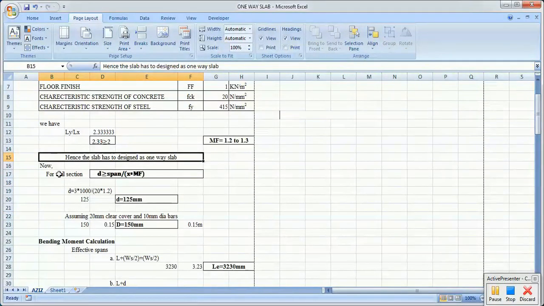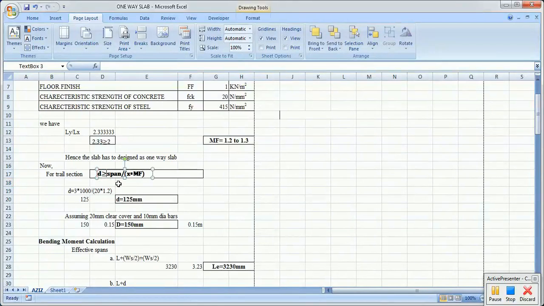Now after that, for the trial section, as we have discussed in the previous semesters also, the depth should be more than or equal to span divided by modification factor into alpha. So here you have to use that.